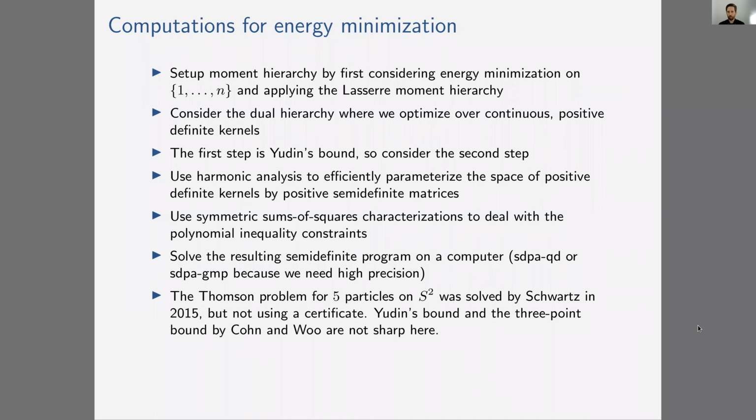That's a very nice result, but it's not with a certificate. So we would also like to reprove this result using a certificate. But Yudin's bound and the 3-point bound by Cohn and Woo are not sharp here. They can give a bound on the energy, but not a sharp bound, so they cannot prove that the configuration is optimal.